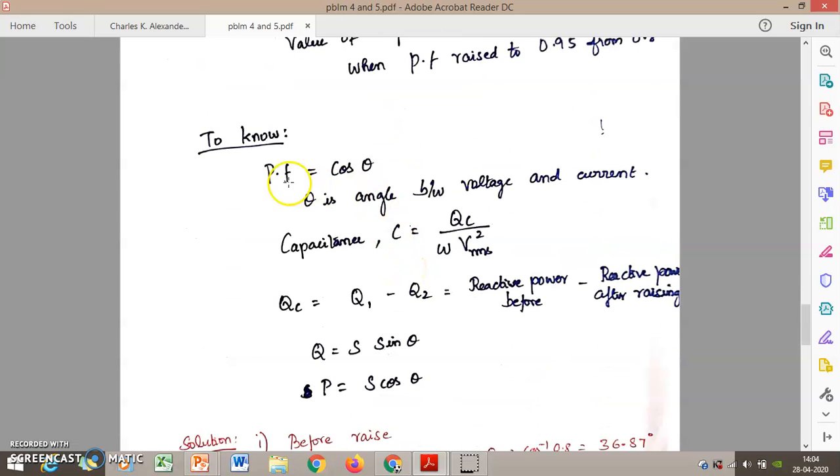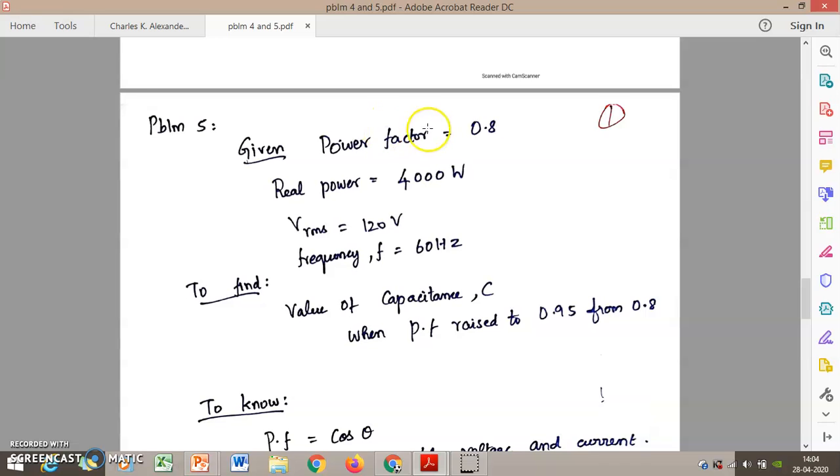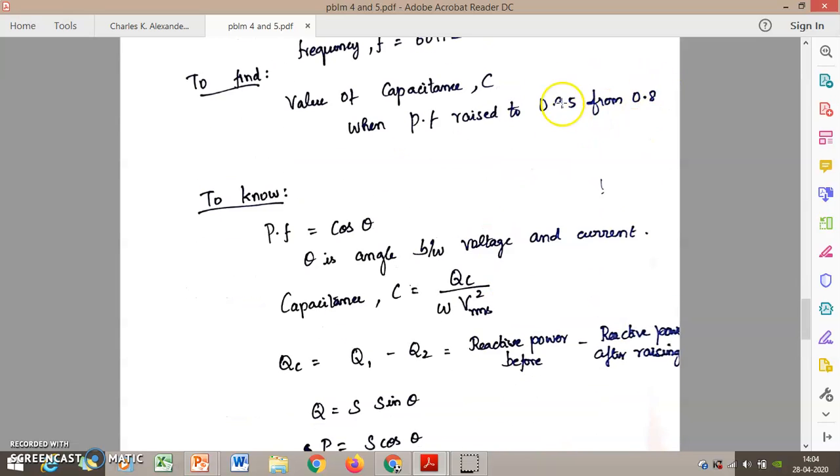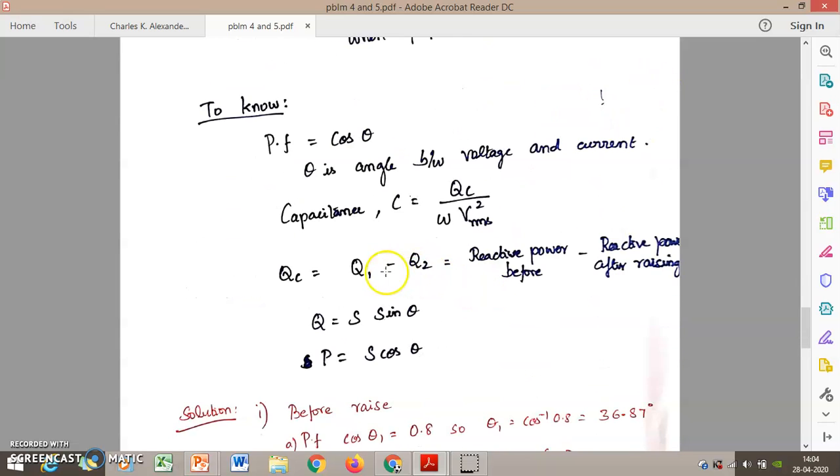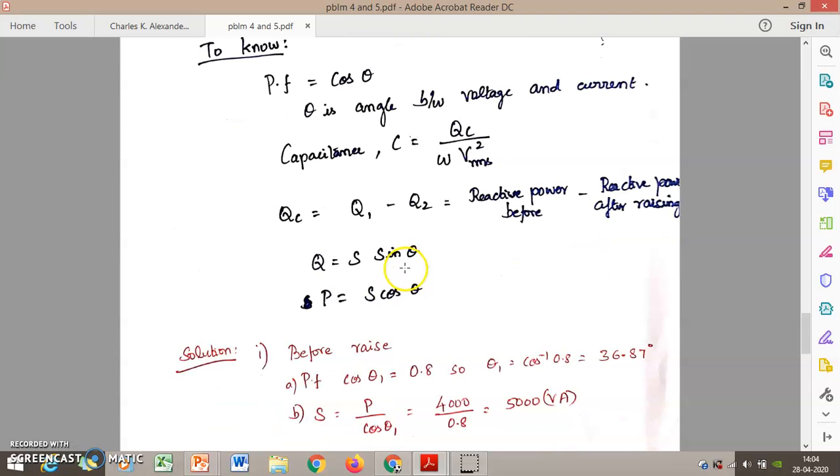For that we have to know what is power factor, what is capacitance. Capacitance can be calculated using this formula, QC divided by omega V square RMS. So what is QC? QC is the difference between Q1 and Q2. Q1 is with respect to 0.8, Q2 with respect to 0.95, that is, before raising and after raising.